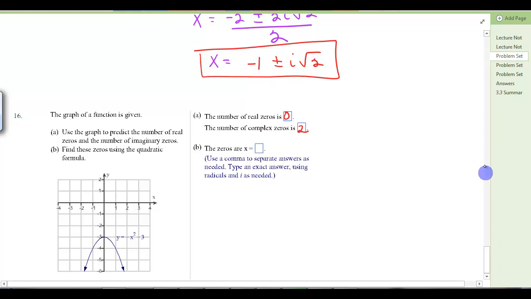So then it wants you to solve this. So the equation's right here. So we have y equals x squared minus 3. So a is 1.